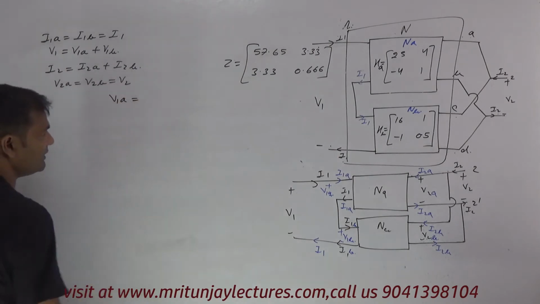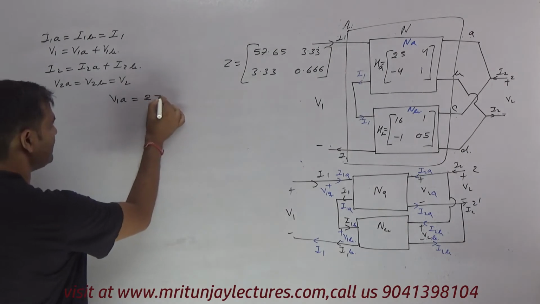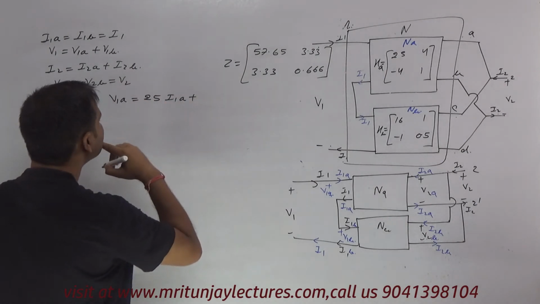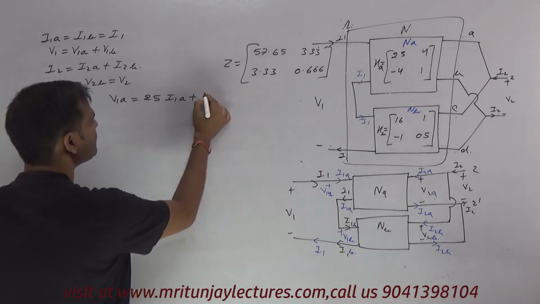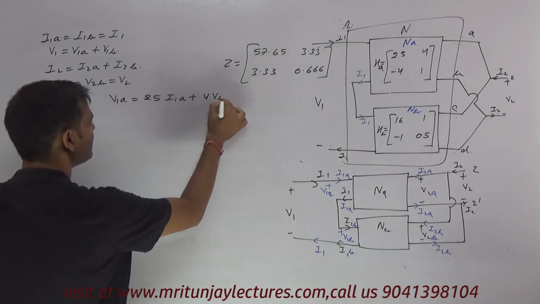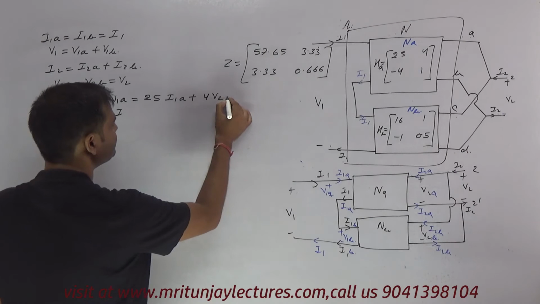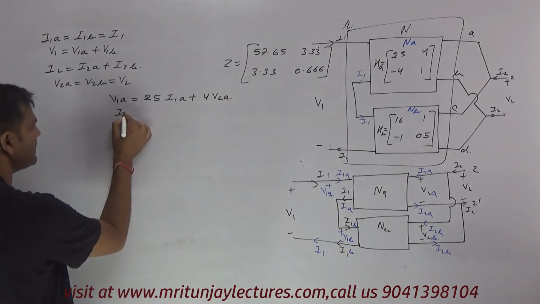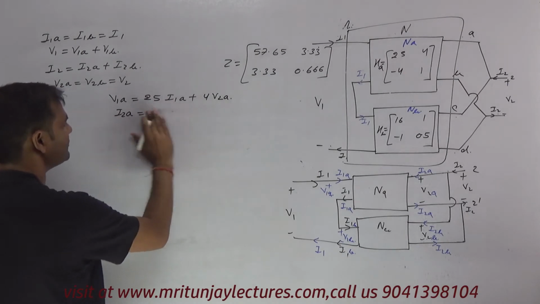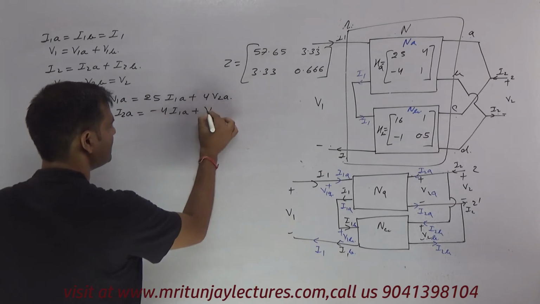Now corresponding to this one, V1A is written as, this is an H parameter, so that is 25 I1A plus 4 V2A, and I2A is written as minus 4 I1A plus V2A.